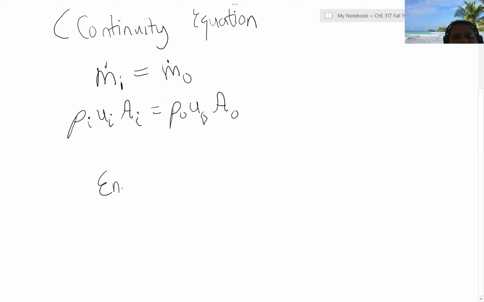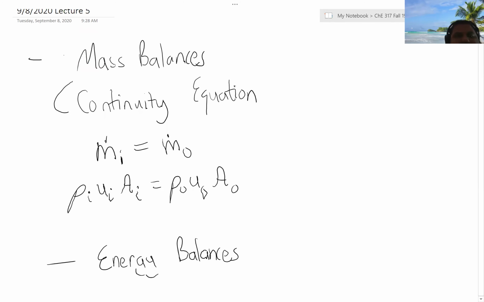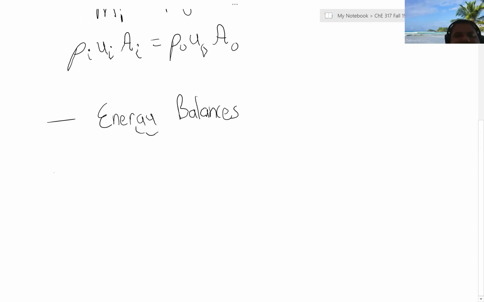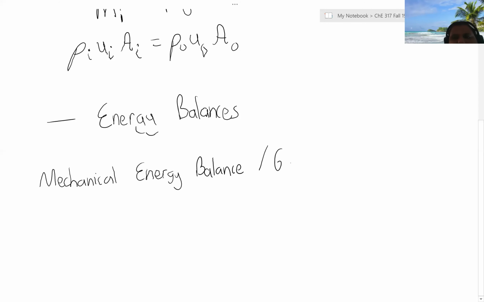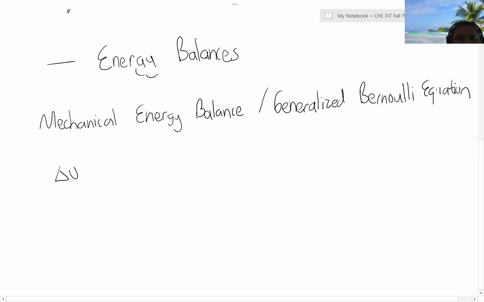In developing our description via energy balances, so we have mass balances, energy balances, we arrived at the mechanical energy balance, or the generalized Bernoulli equation, which sums the energies associated with fluid flow in terms of kinetic energy, pressure energy, static energy, work, and friction.